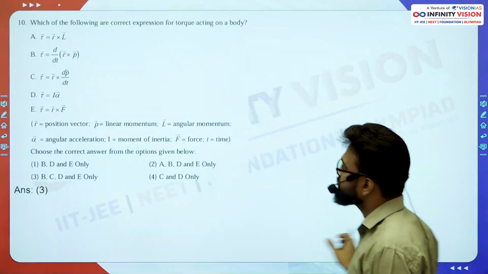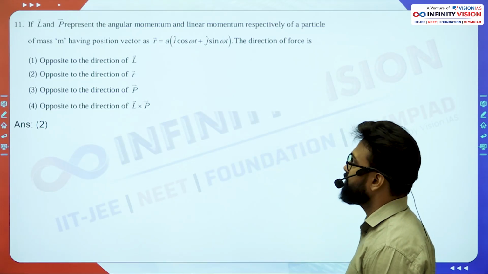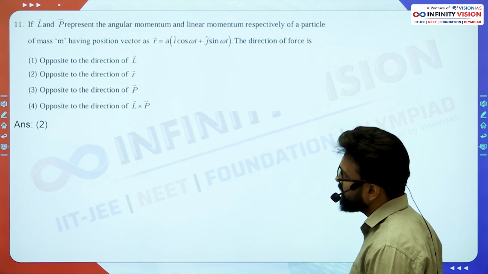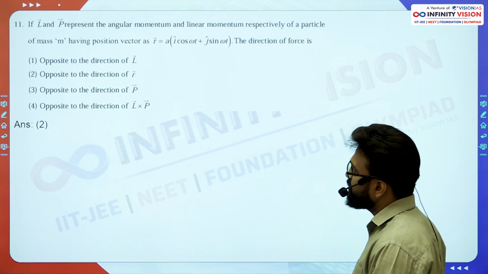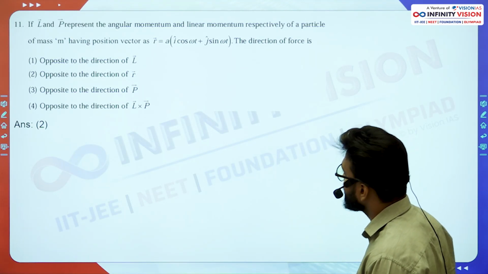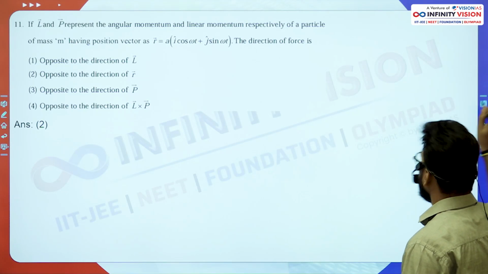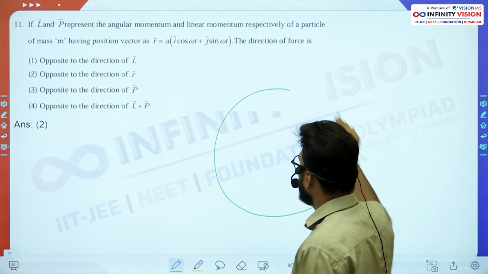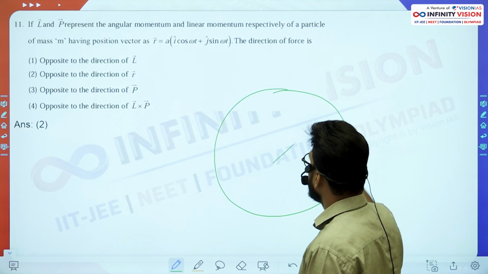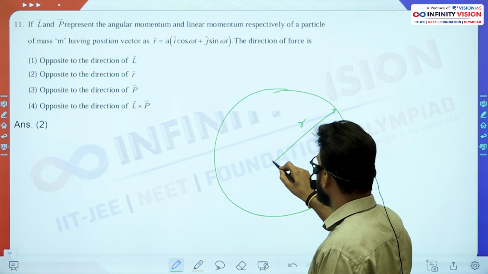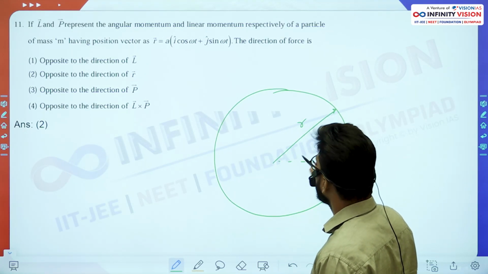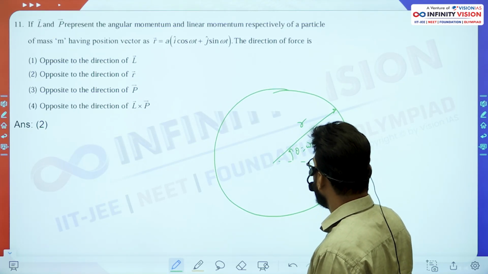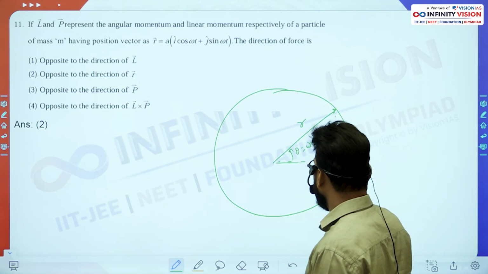Next. If L and P represent the angular momentum and the linear momentum respectively of a particle of mass m having position vector R, find the direction of force. First of all, you have to draw the diagram for it. Suppose this is a position vector, and it makes an angle theta, which is omega t at any particular time.